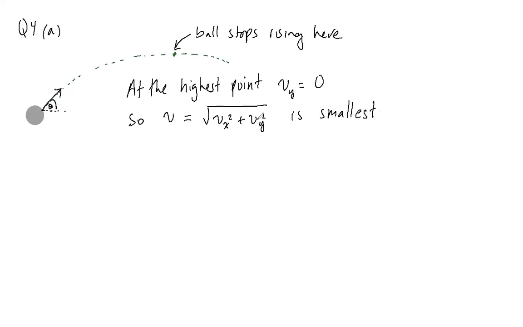Right, because this part drops out, this becomes 0, so all you're left with is that, and that's the smallest. Okay, so with that being the case, the V minimum is going to be this value of V where the Vy part is just 0. So that's going to be the square root of Vx squared, which is just Vx. It's going to be whatever Vx is. And Vx is the same throughout the whole trip.